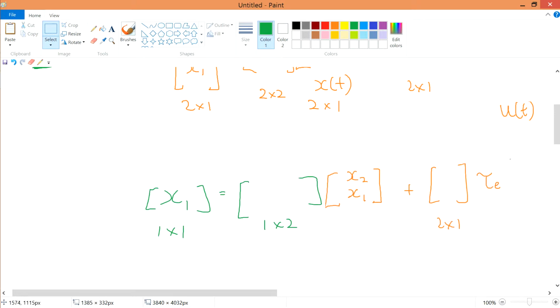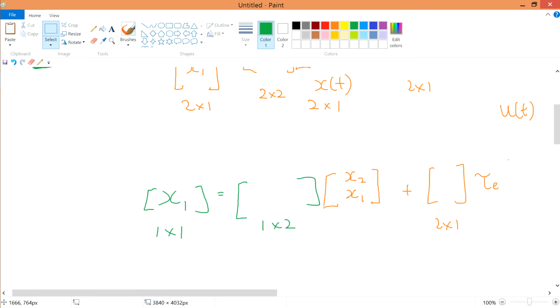But now, instead of this matrix being 2 times 1, because we know that this one is 1 times 1, we have to ensure that this is also 1 times 1. The outcome is 1 times 1. This is based on the matrix addition rule, if you still remember.